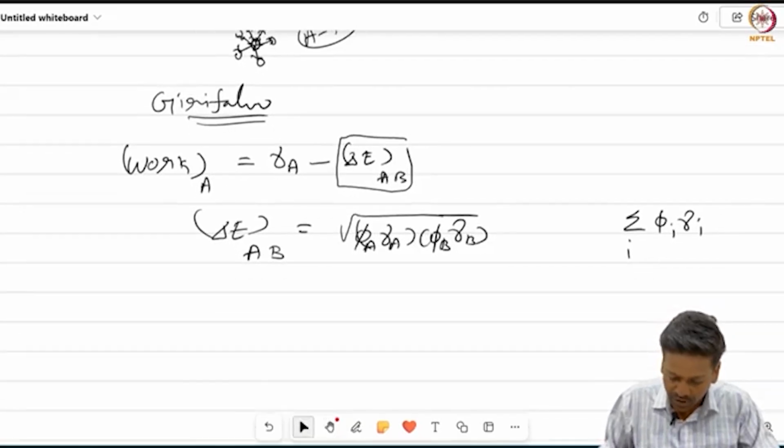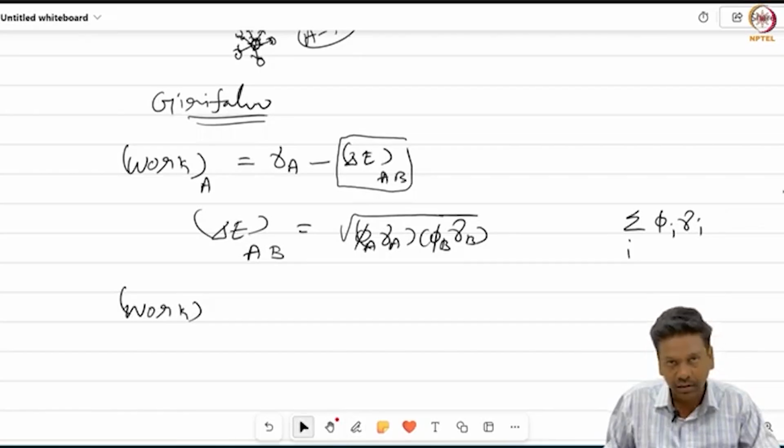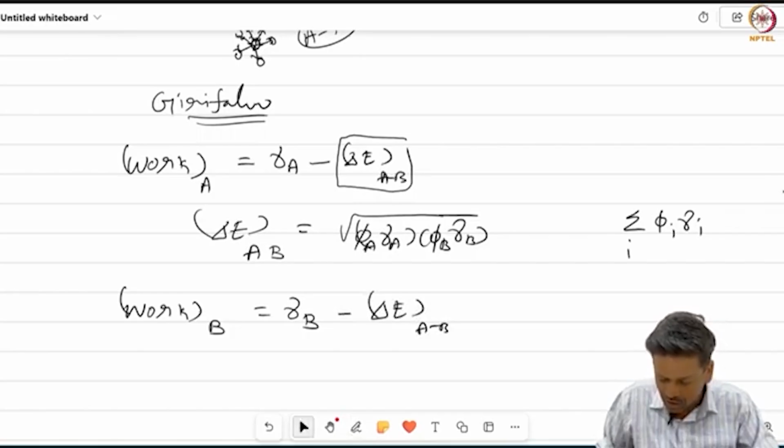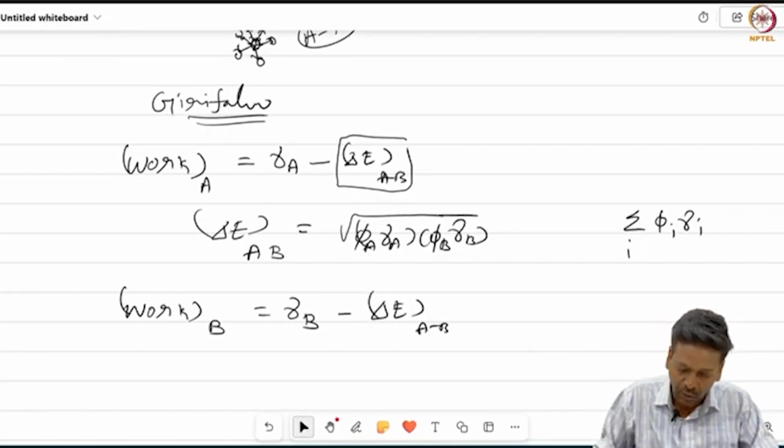Okay. So if I use the same approach for bringing molecule A to the interface, then we need the same work to bring molecule B to the interface. So that is nothing but gamma B and delta E AB, right? All right. So what is the total work then?